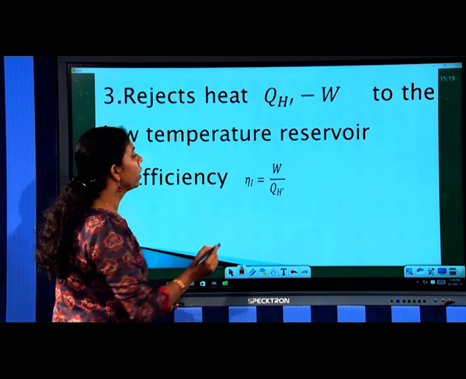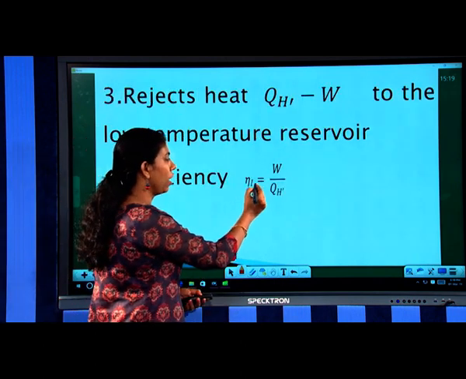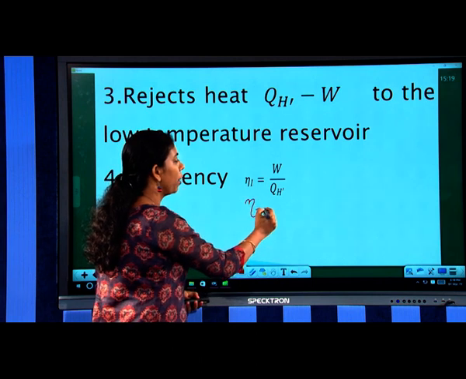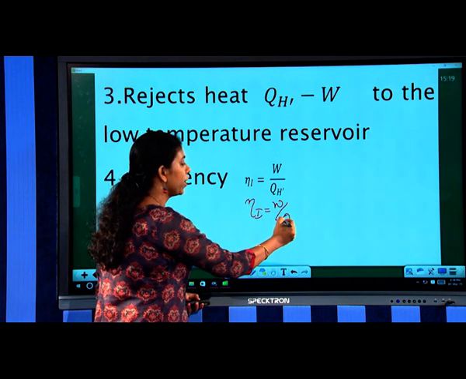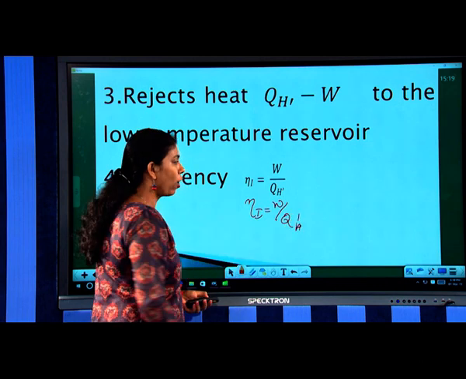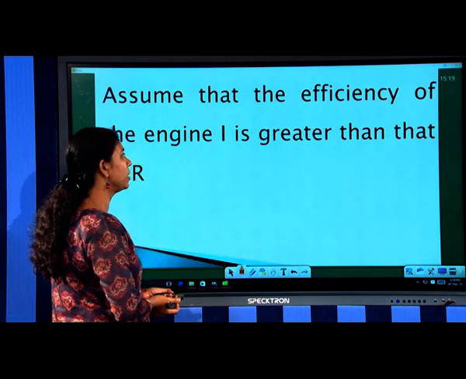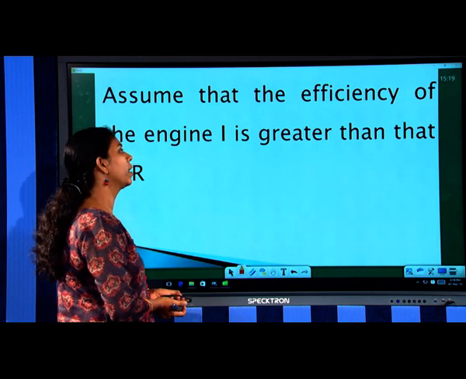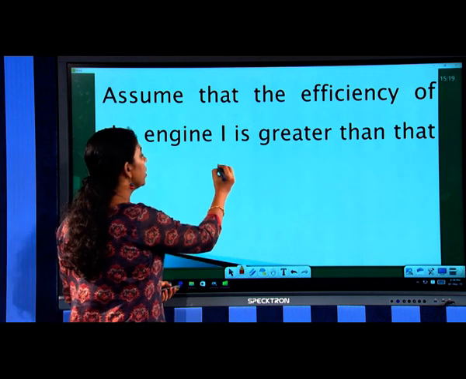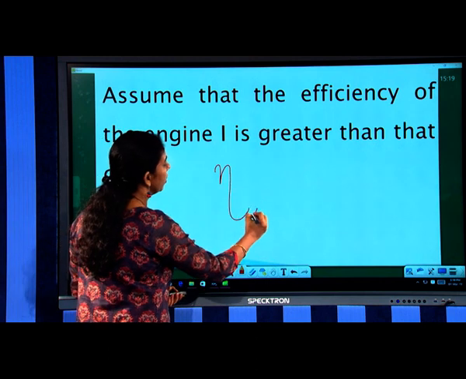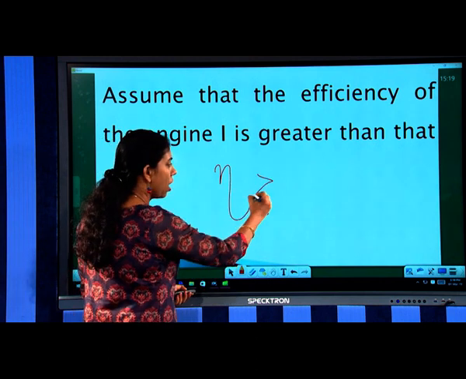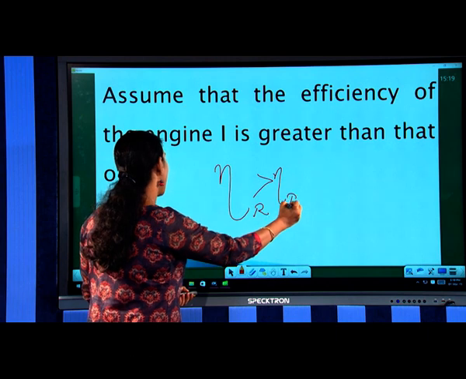The efficiency of this engine is given as eta I is equal to W divided by QH dash. Then according to Carnot's theorem, the efficiency of a reversible engine should be greater than the efficiency of an irreversible engine. Eta R should be greater than eta I.